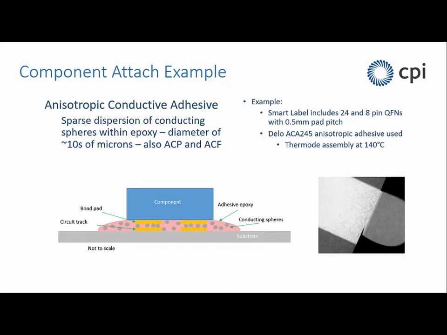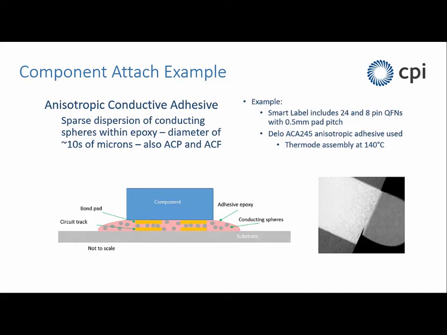And that's done at temperature and moderate pressure for around 10, 20 seconds, something like that. What you see happening is that the grey spheres within the pink adhesive epoxy, those are trapped between the conducting pads, and we get conduction vertically between the circuit track and the bond pad.